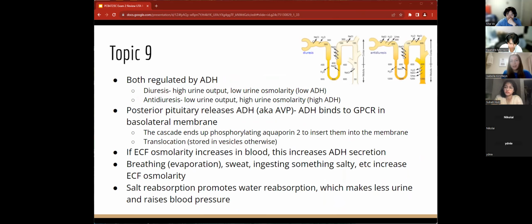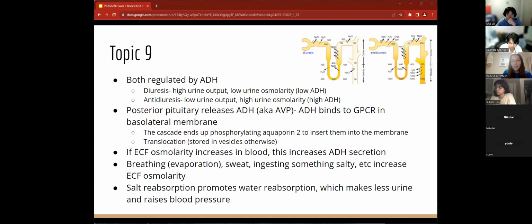It's mostly happening in the collecting duct. The collecting duct is what really has the most dramatic changes during diuresis and antidiuresis, and that is just because of water reabsorption due to ADH.